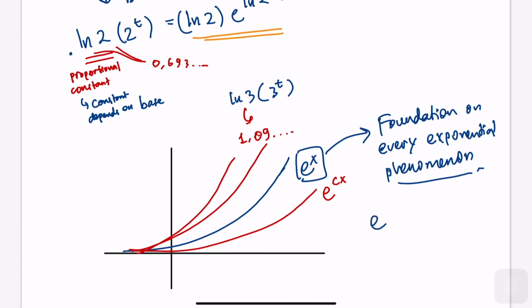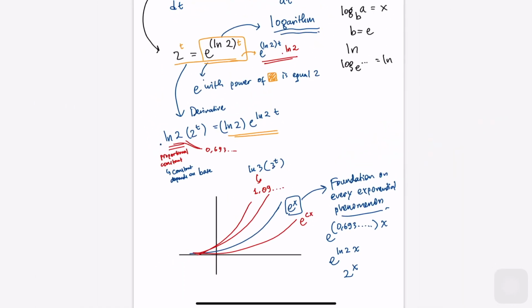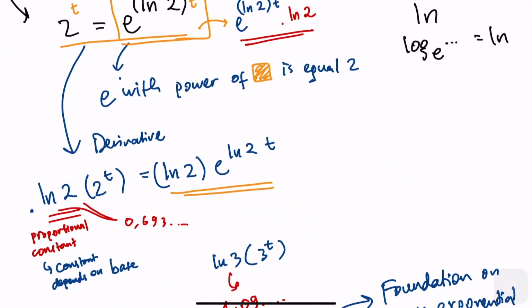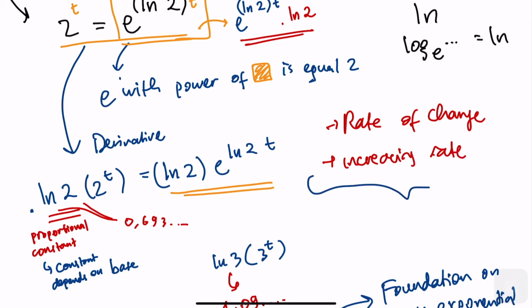So when you have e, you can write this as e to the ln 2 times x, or as 2 to the power of x. So every time you have a rate of change and you have an increasing rate, you will always get e in any formula that includes rate of change.